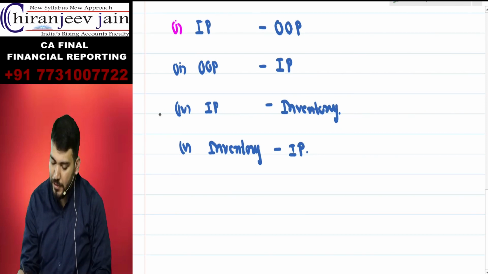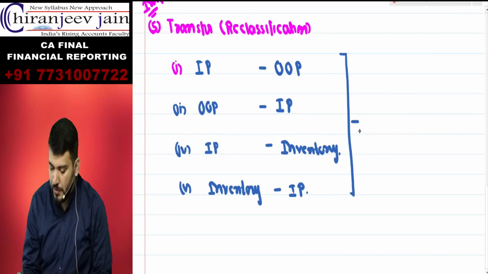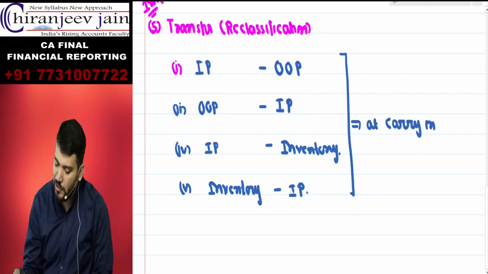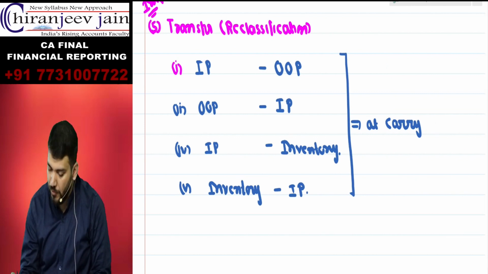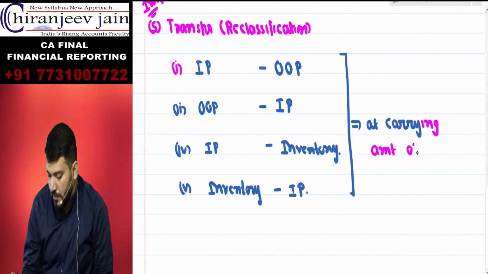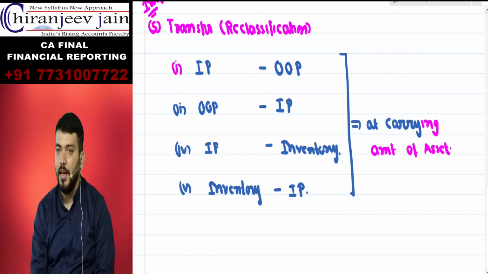So all this classification will be done at carrying amount. Now you know what carrying amount is, okay? Not cost price, it is carrying amount. At carrying amount of asset.